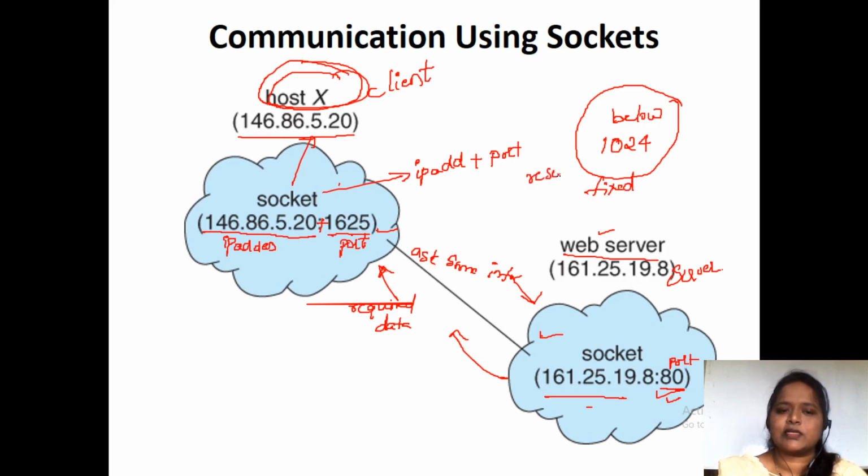We call them reserved port numbers. So when we make use of a port number, we have to use numbers greater than 1024, or else we will have ambiguity. This is how the client and the server communicate.